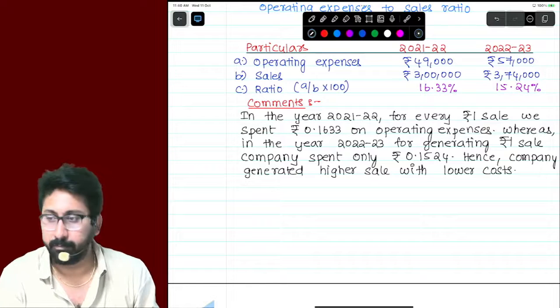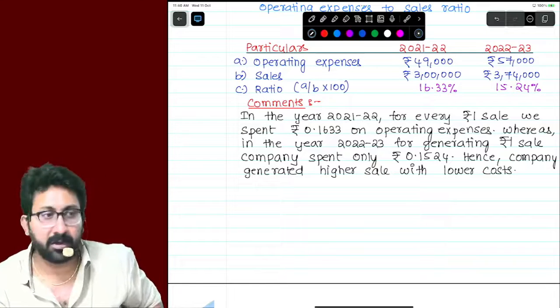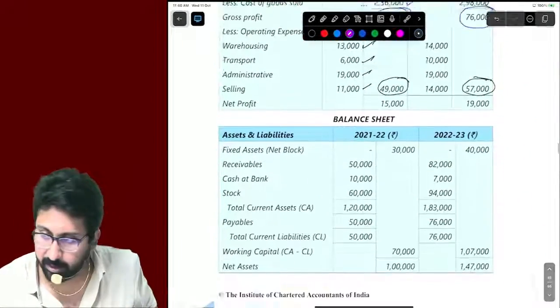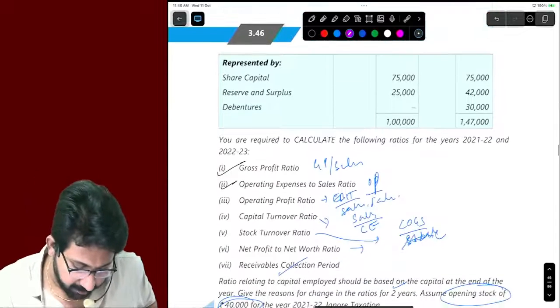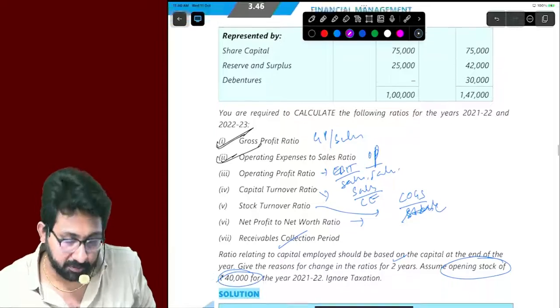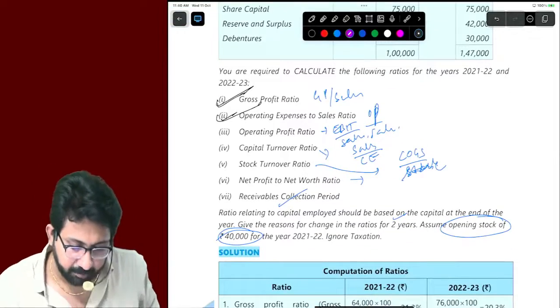Okay now? So we now completed how many ratios and comments here? 2. What are the 2 ratios we have commented? We completed gross profit ratio and we completed operating expenses to sales ratio. What is the third one? Operating profit ratio.